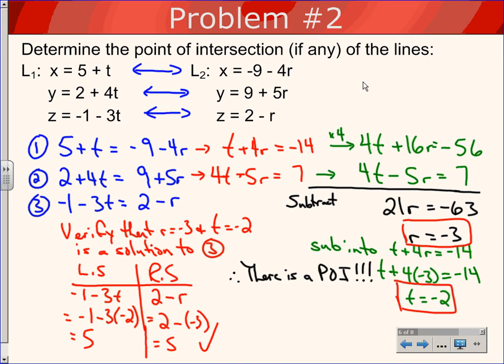It's easy to find it. We just go back up to those parametric equations that we have, and you can pick either L1 or L2, and we're just going to sub in our numbers. I'm just going to grab line 1 there. So 5 plus, we're going to sub in the t value of -2.